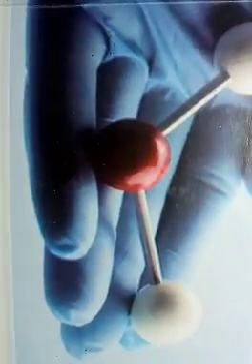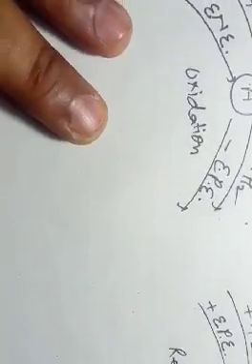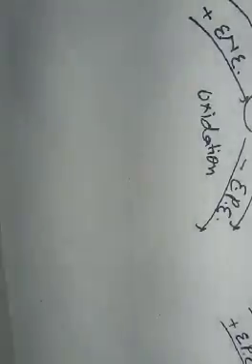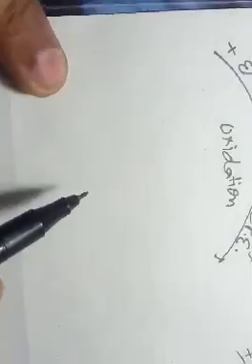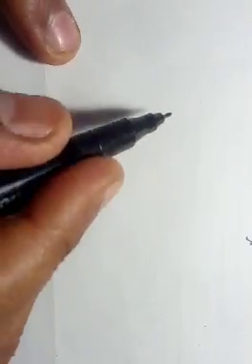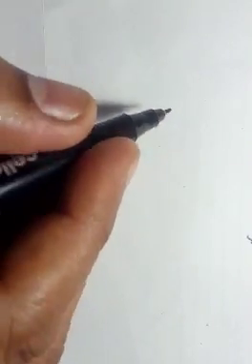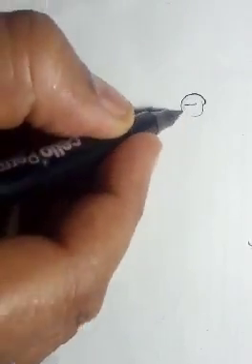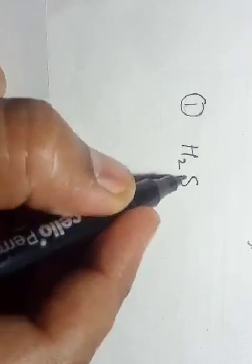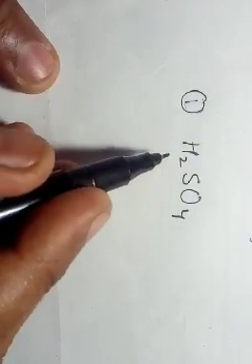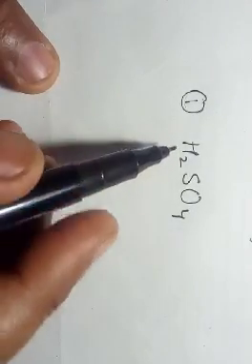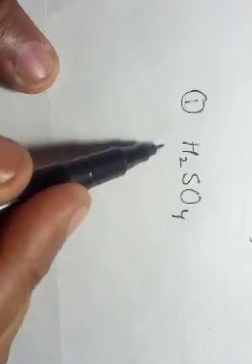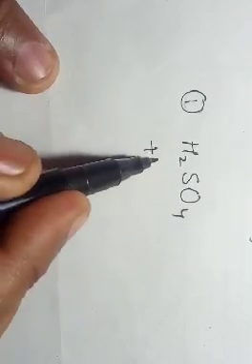Okay students, first example, we are going to take H2SO4, the most common compound. According to the points we have just discussed, you all know that the oxidation state of hydrogen in compounds is +1.